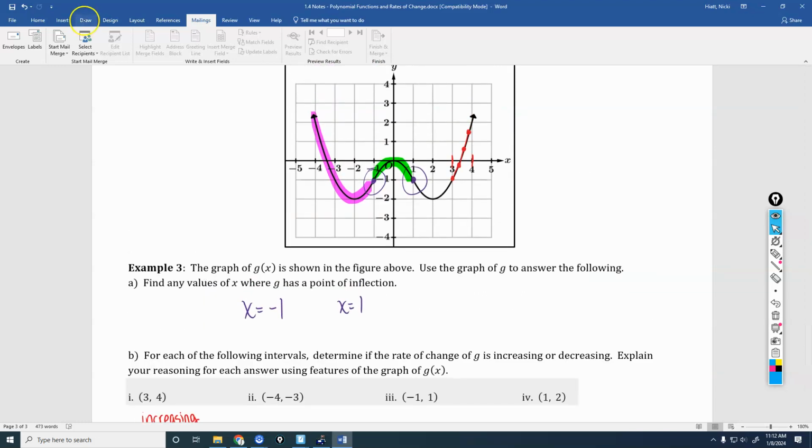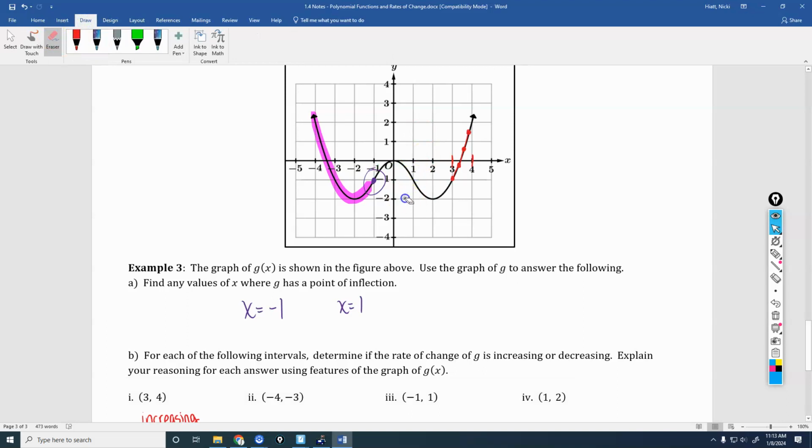All right, let me erase the rest of those highlights and put these dots right here back in. All right, -4 to -3, that's from here to here. So if I look at what's happening here, is my rate of change increasing or decreasing? It's a little hard to tell.